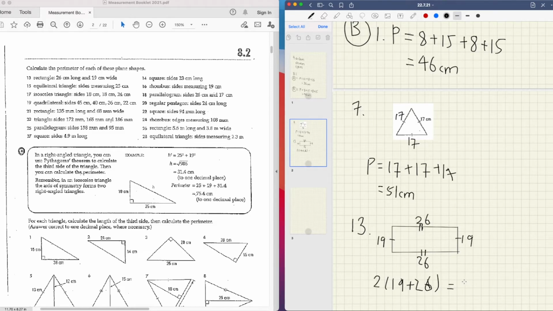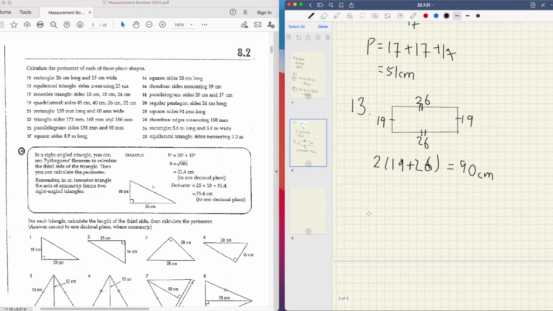This is 45 times 2, which is 90. Now, the unit should be centimeters. So this is another way to work out the perimeter, because we know that there's two 26s and two 19s, so we can just add up these two sides and times it by 2. Alternatively, you can add up the length of all the sides, okay?